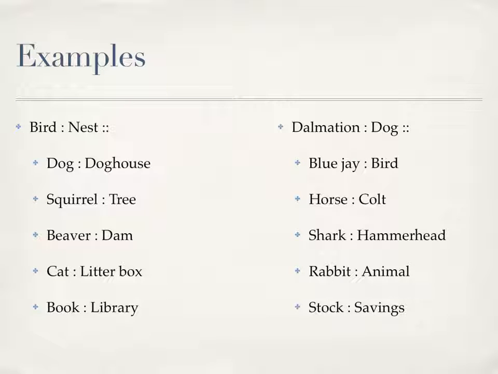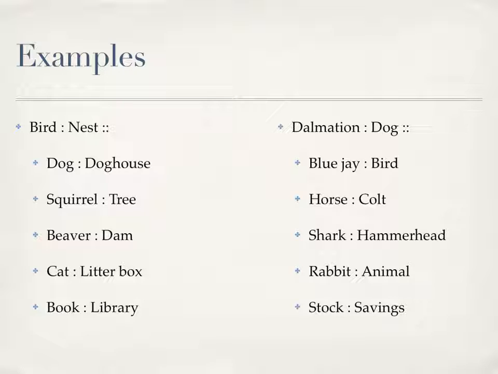Now you may be thinking to yourself that analogies are just meant to trick you. Well, some may seem that way, but that's where your logical thinking has to come into play. For instance, choosing the correct logical relationship for the example bird is to nest may be confusing based on the provided options. Dog is to doghouse, squirrel is to tree, beaver is to dam, cat is to litter box, book is to library.